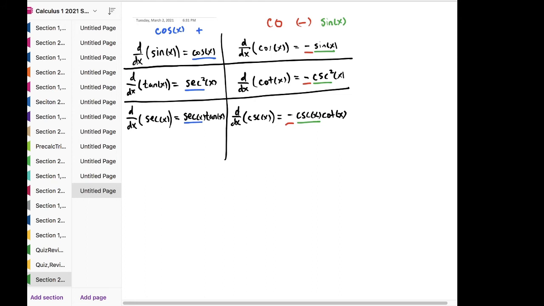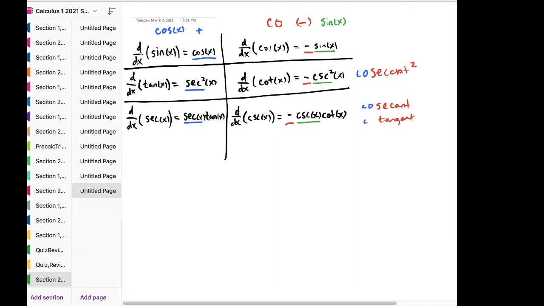All the tangents have a secant squared, or co. They're all cosecant, some sort of secant squared, all the tangents. And all the secants have a secant tangent, or co.